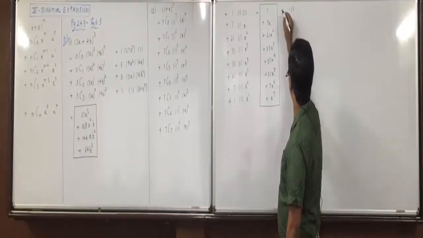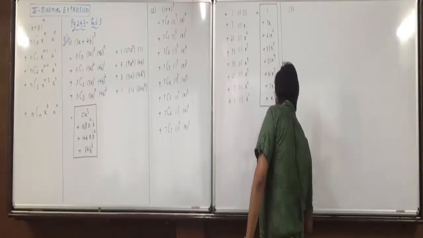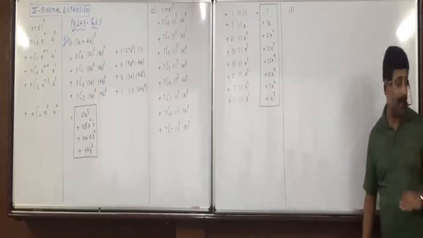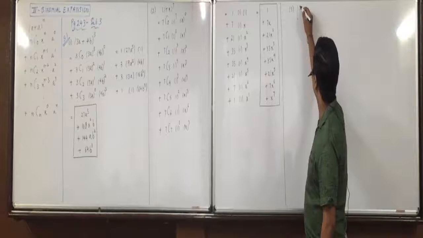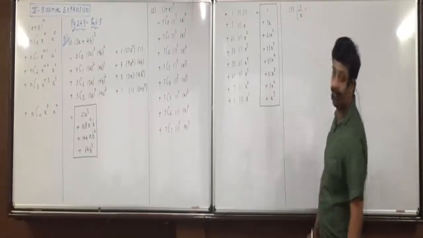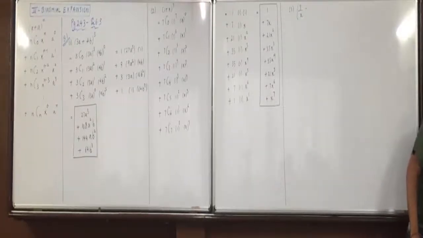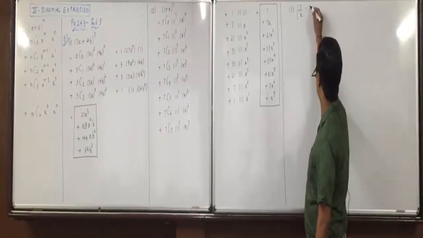Now, the third sub question. Look at it: 3 upon x minus 4x upon 3, raised to the power 4.